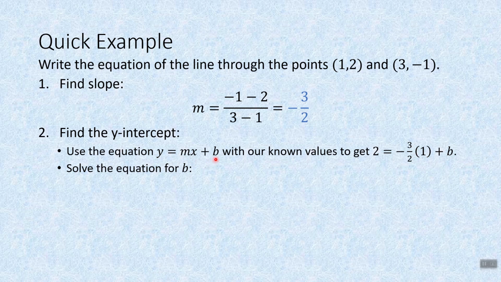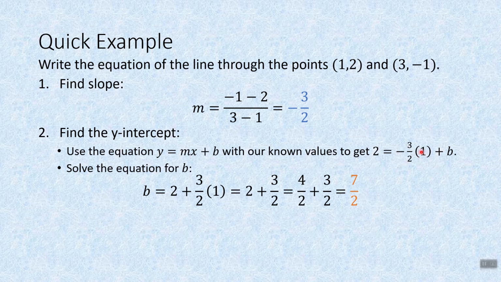We can find b. In order to solve the equation for b, we're going to add 3/2 times 1 to both sides. So b is equal to 2 plus 3/2 times 1. Order of operations tells us take care of 3/2 times 1 first. So now we have 2 plus 3/2. If we're adding 2 values and one of them is a fraction, you should get a common denominator.